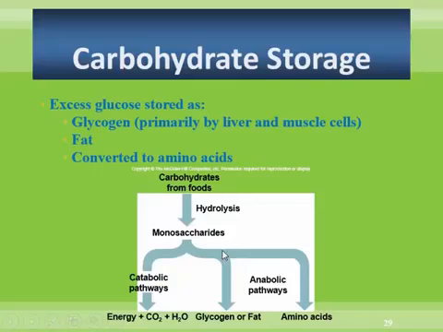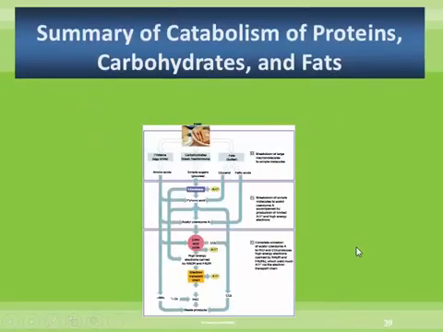Those monosaccharides may be converted to fat and be stored in our adipose tissue. Those monosaccharides may be converted to amino acids. Here you can see how our proteins, our carbohydrates, and our fats can all enter the citric acid cycle at different stages.